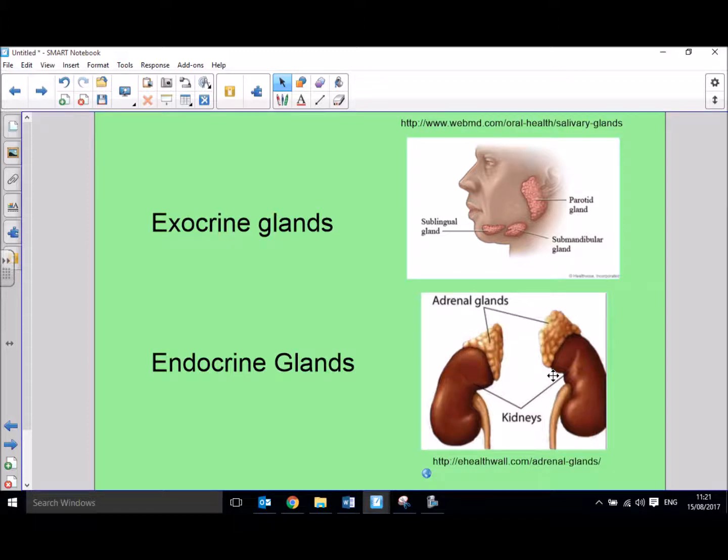However, the secretions from the adrenal gland can affect the entire body. So therefore, they're going to use the bloodstream to move them around, and they're an endocrine gland. So exocrine glands have ducts, and endocrines are ductless. There are a number of other ways in which we can talk about glands and their functions and structure, but I just want to leave it quite simply just now in you understanding that it's epithelial tissue that's involved in the production of secretions.